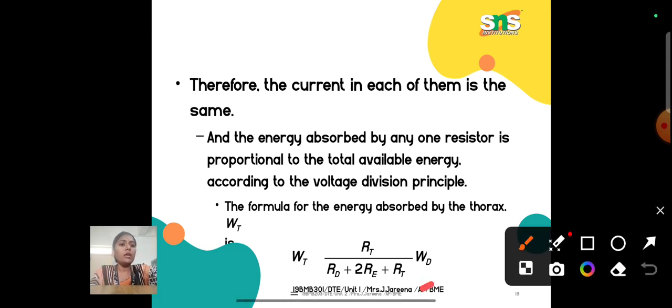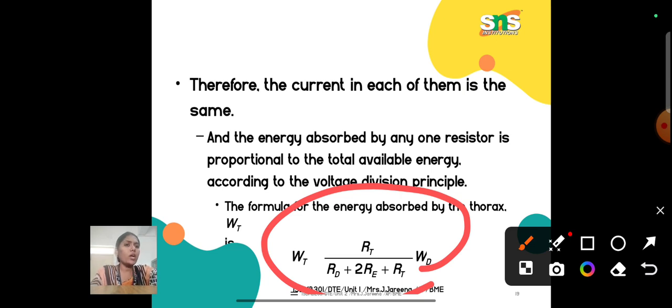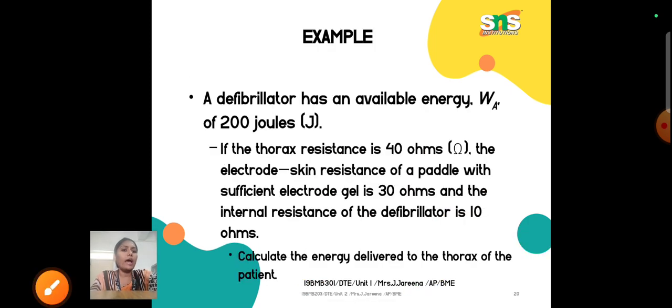This is the formula to calculate the energy absorbed by each resistance. When you apply all the values in this, we will come to know what actual energy is being delivered to the patient.